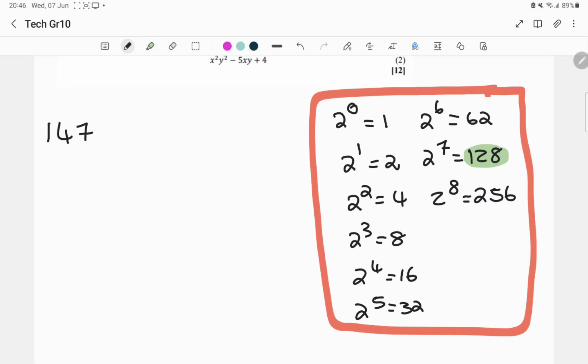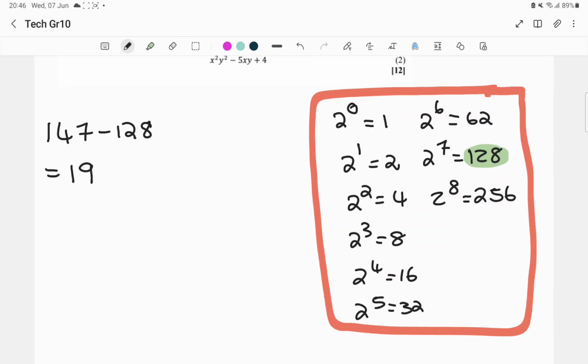Alright, so I'm going to take that number and subtract it. So I'm going to say 147 minus 128. Doing that, it gives me an answer of 19. Now we repeat the same steps. The number closest to 19, but it cannot be greater than 19.